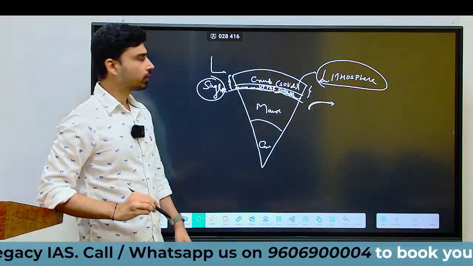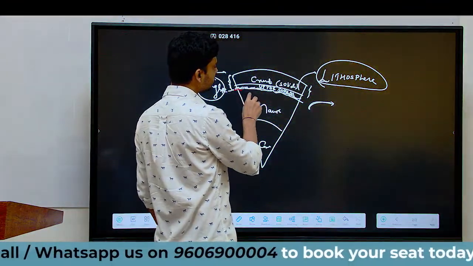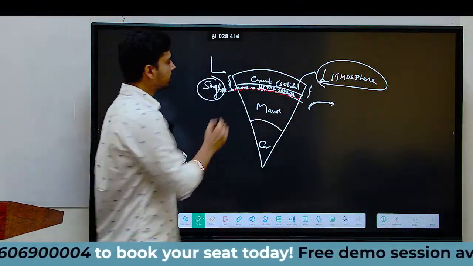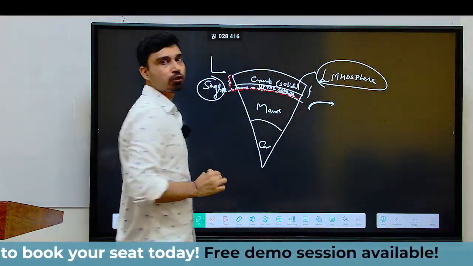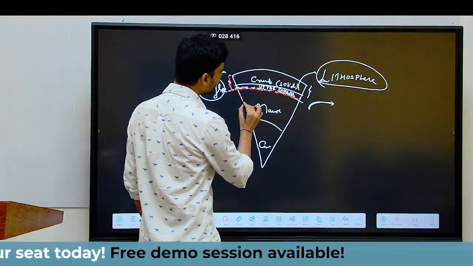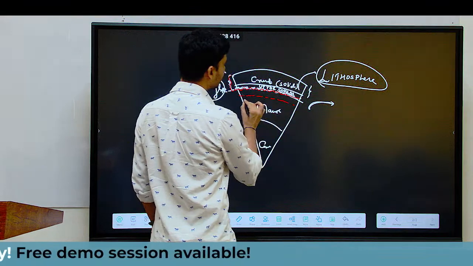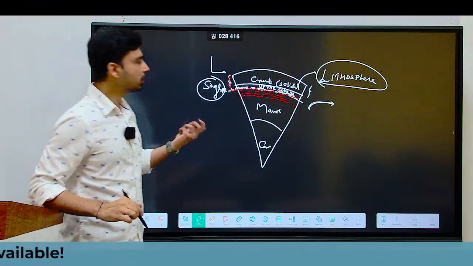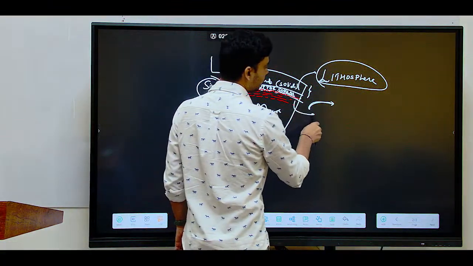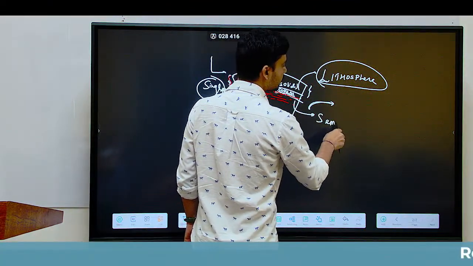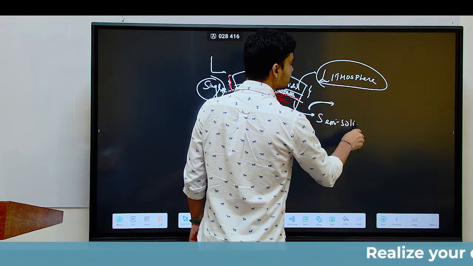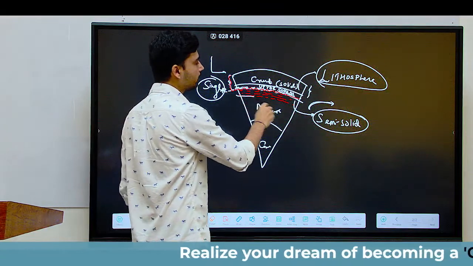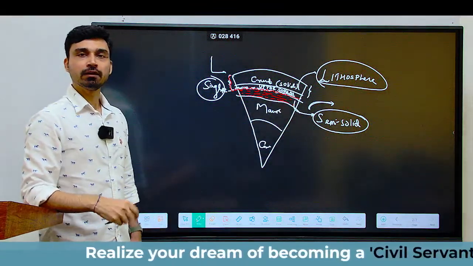Later on, when more research was conducted, it was found that this entire slab of lithosphere is moving over the part of the mantle which is weak in nature. Weak means in terms of its strength. It is a semi-solid layer, meaning that whenever pressure is applied, this layer starts to behave like a fluid.